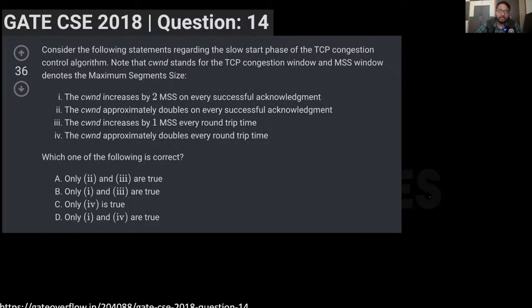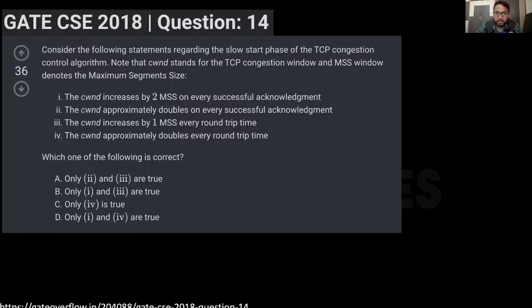Now let's do this question which has been asked in GATE 2018 and which is based on the same concept that we have just talked about. They are saying, consider the following statements regarding the slow start phase of the TCP congestion control. Note that the CWND stands for TCP congestion window and the MSS denotes the maximum segment size. The CWND increases by 2 MSS on every successful acknowledgement?